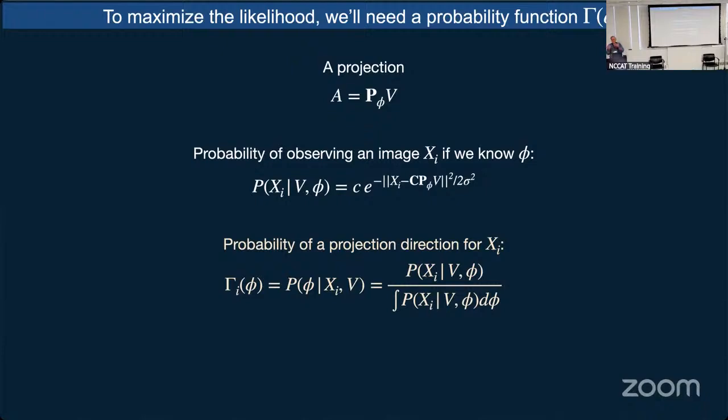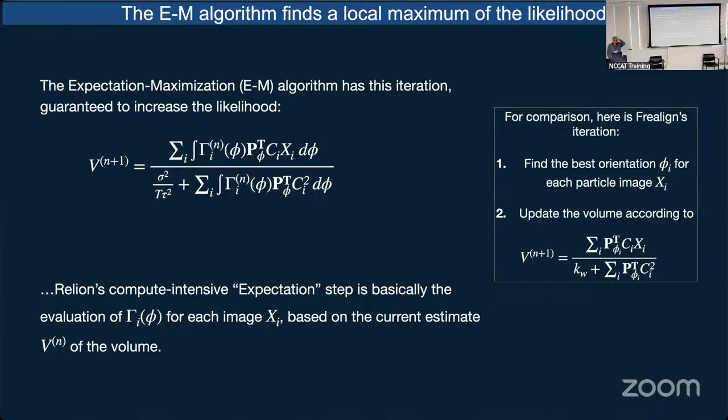So this is how we get the probability of a projection direction. And in that heat map I was showing you, as I was rotating all the references and comparing them with the original image, I'm actually just showing you this gamma function. So it's a probability of a projection direction. Then the EM algorithm looks a whole lot like FREALIGN, which in turn looks a whole lot like a Wiener filter.